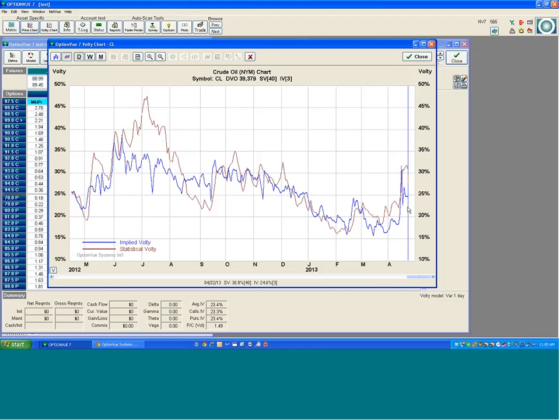Well, clearly you can see there's been a lot of implied volatility movement over the last month. Approximately a month ago, we were as low as 15.6%. We got as high as 31.7% as recently as the 15th of April.